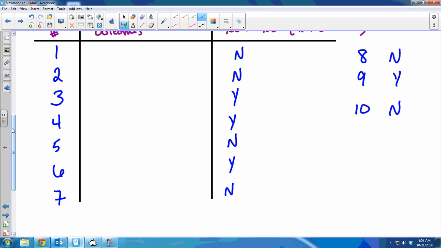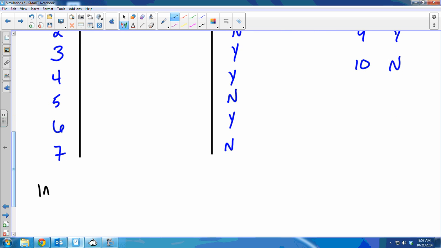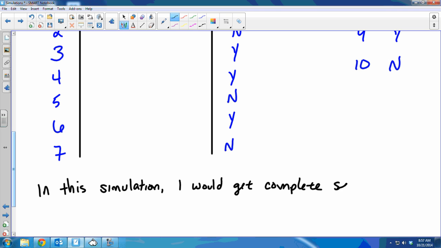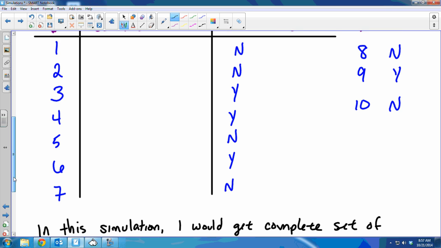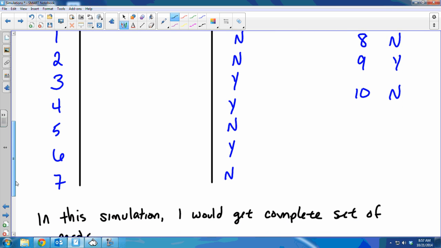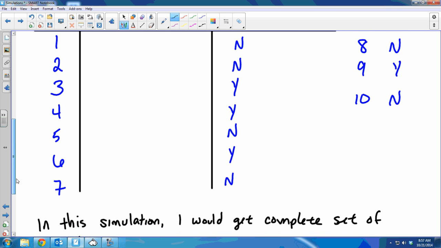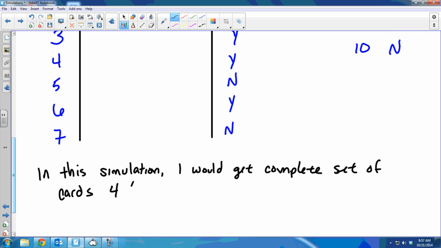In this simulation, I would get a complete set of cards 1, 2, 3, nope, 4 out of 10 times, which is 40% of the time.